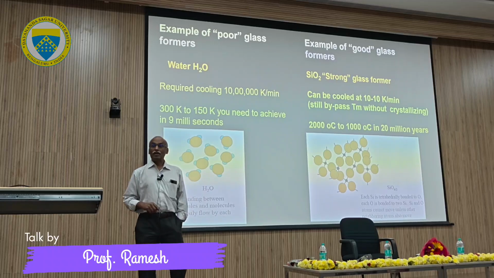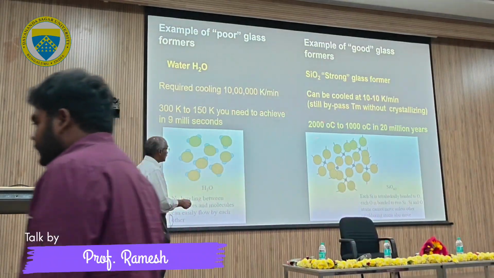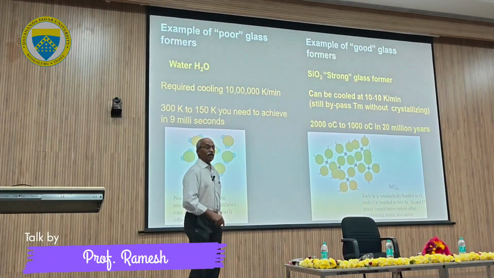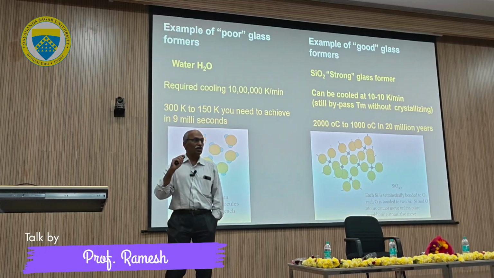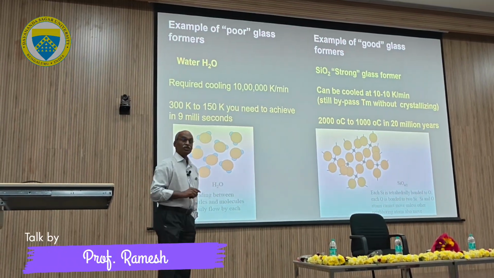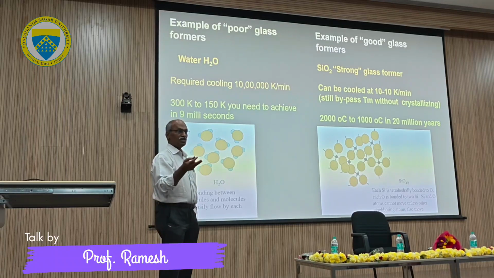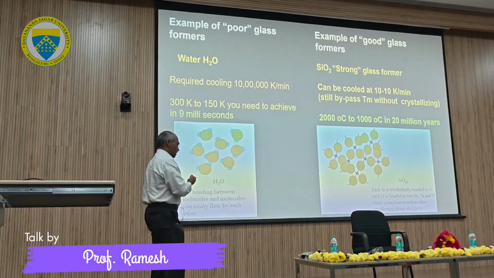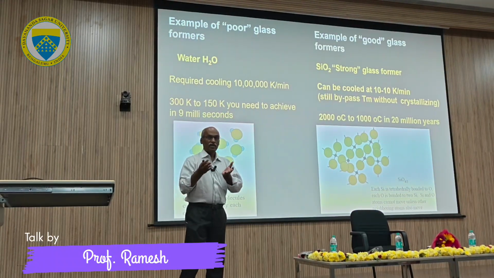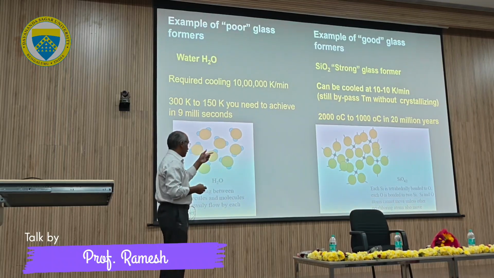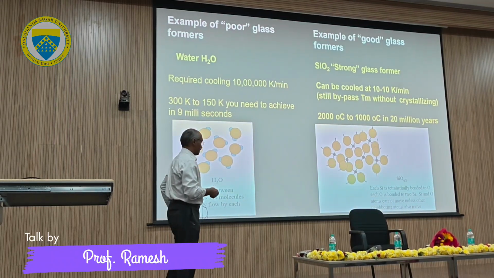That means from 2000 degrees centigrade to 1000 degrees centigrade in 20 million years. Whatever you do, it will go to the glass system. That's SiO2, window glasses, bottles, many ornaments are made of SiO2-based glasses actually, right?